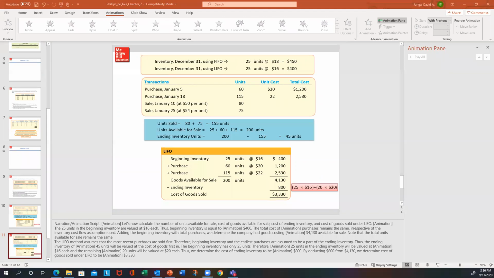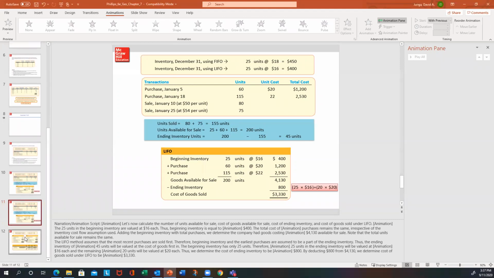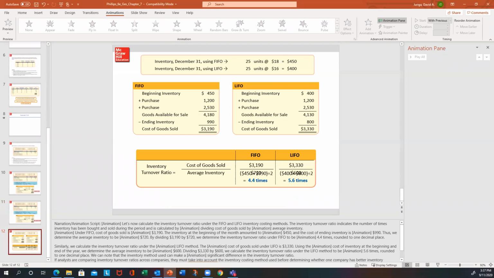All right, and then the last part of this is just going to show you the turnover ratios. Notice it's cost of goods sold divided by average inventory. So under FIFO and LIFO, we got slightly different cost of goods sold numbers. And then on your inventory averages, let me show you, because the PowerPoint slide got kind of jumbled.